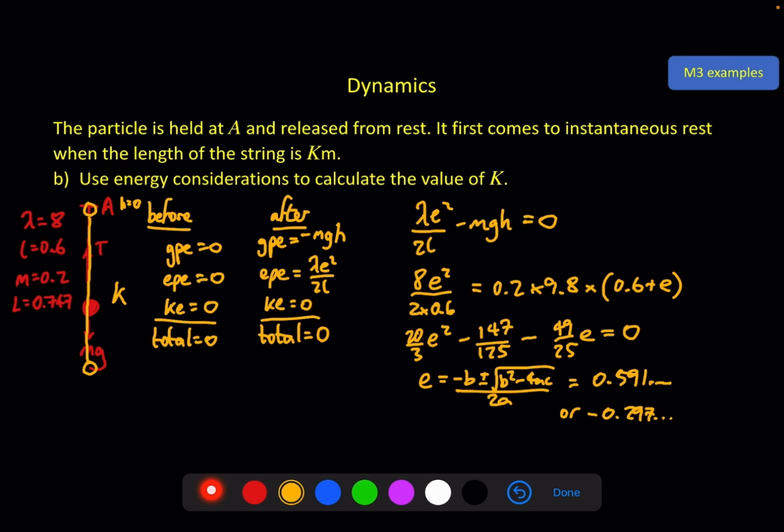And because this is a string being extended, we can discard that one. So e is 0.591 dot dot dot, but k, which is what we really want, is the natural length plus the extension. So k is equal to 1.191 dot dot dot, 1.19 meters to 3 significant figures.